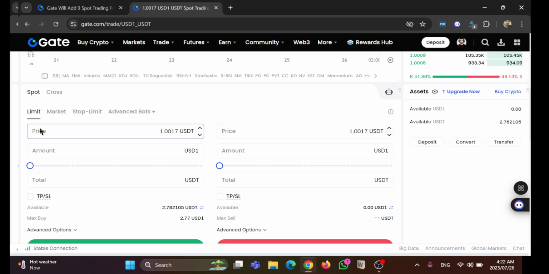I will prefer you to buy on the limit because you can set your own limit on which price, but its price is almost equal to USDT. So your price is almost already entered. You have just to enter the amount you want to buy. You can enter your amount in the form of USD1.